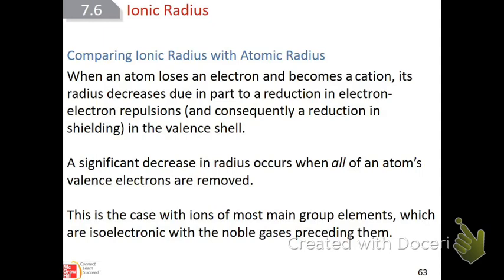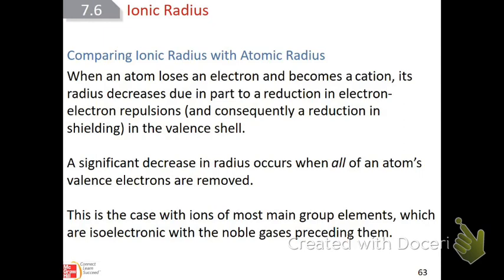The reason that they become ions in the first place is so that they can become like a noble gas. And the closest noble gas has a full energy level. So remember why energy levels exist in the first place? It's where electrons are moving. If there are no electrons in that energy level, there's no reason for that energy level to exist.